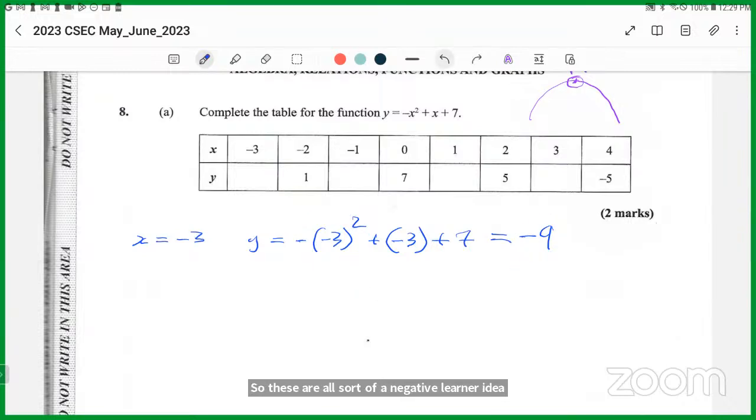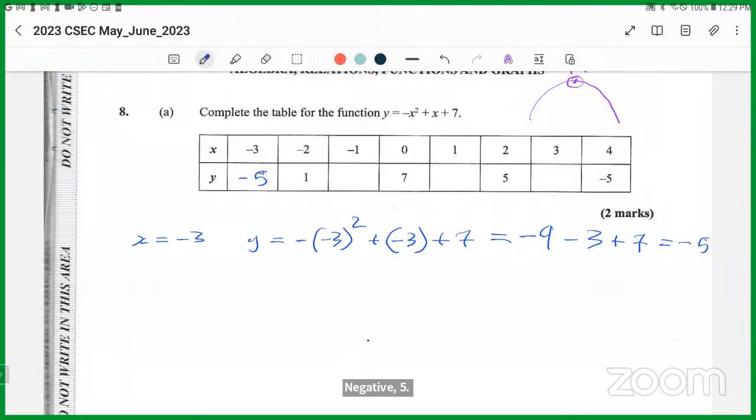And then this plus -3 is the same as -3. And then I'm adding this 7. That works out to be what? -12 and 7 is -5. This is -5.